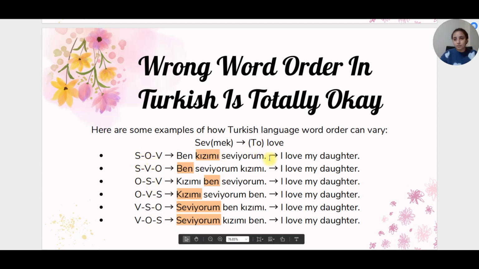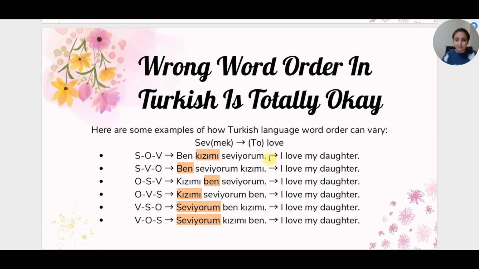And what about the rules? And where is the rule that the verb is at the end? You're right. Sometimes poetic language or some lyrics use these kinds of sentences very, very flexibly.